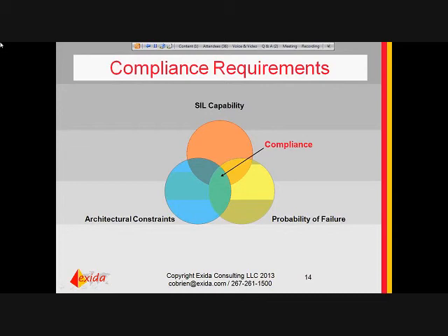In addition to having an implemented functional safety management plan and safety lifecycle, the given safety instrumented function will need to meet the SIL capability requirement, the probability of failure requirement, and the architectural constraints. All 3 of those criteria must be met for a safety function to fully comply with IEC 61511.